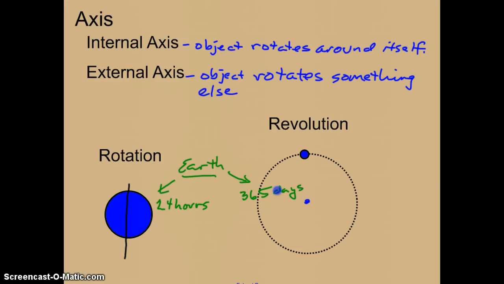It takes 365 days for the Earth to go all the way around the Sun. If this were the Sun, it would take 365 days for the Earth to revolve around the Sun. And of course this is where we get our day, and this is where we get our year. So that's what it means for an object to rotate or revolve around an axis.